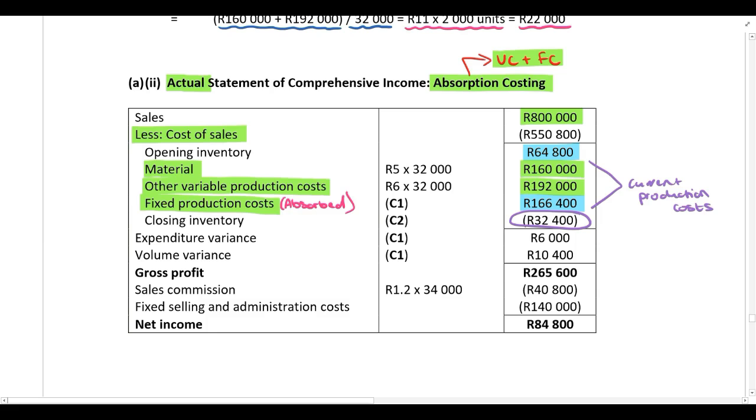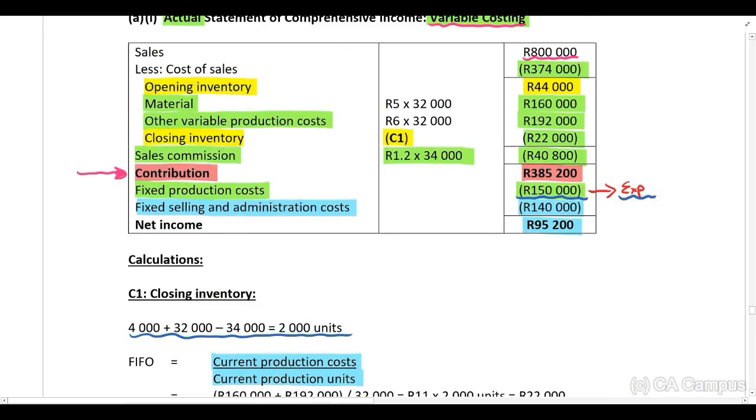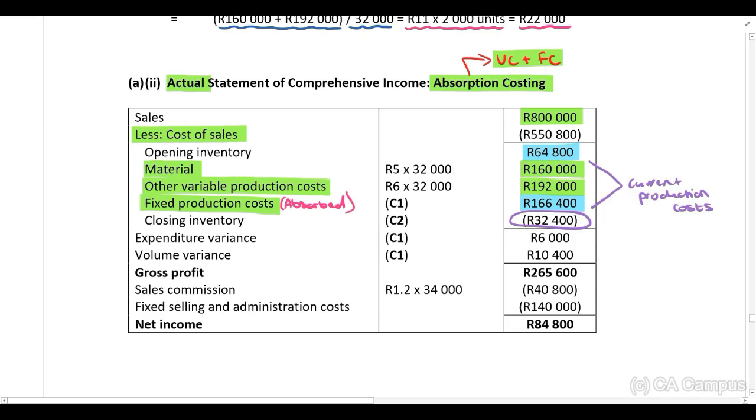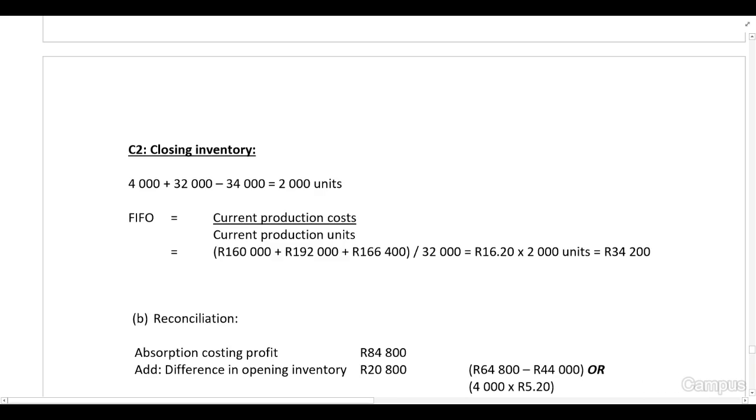So please see above, when we were using variable costing, my current production costs only included my variable production costs. However, we are now using absorption costing, so we also include that absorbed fixed cost in our calculation. But apart from that, the calculation is exactly the same. Take your current production costs, so your material, your variable production overheads, and your fixed production overheads.